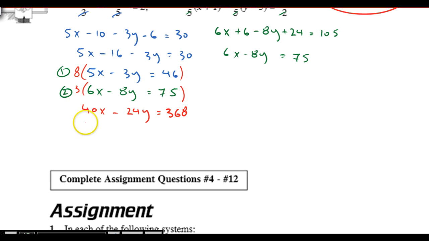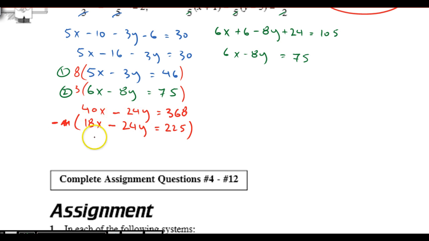And then for the second equation, I have 18x minus 24y equals 225. Okay, now I'm going to subtract these because they're both the same sign here. They're both negative, and I need to eliminate them to get to be 0.